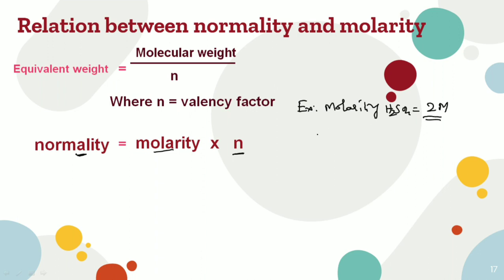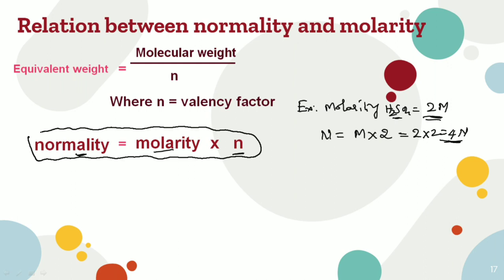I want normality. Normality is equal to molarity into N value. N value for H2SO4 is 2, correct? Hence remember 2 into 2 is equal to 4 normal, which means 4 normal is equal to 2 molar. So like this you can calculate the relationship, very important relationship. Remember this molarity and normality relationship you have to know, right?